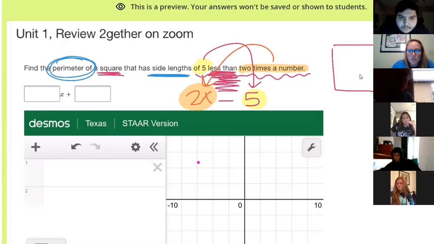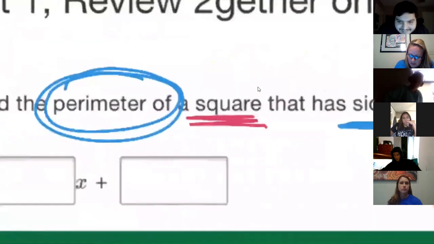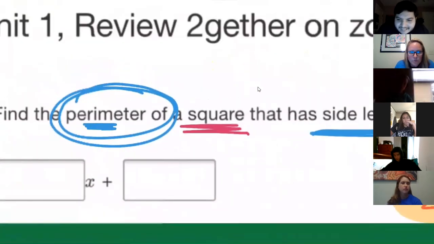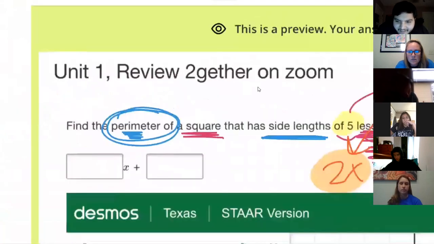In the chat, go say what perimeter is. What does perimeter mean? See if that helps you. There we go. Zoe's got it. Yeah, add all of the sides.